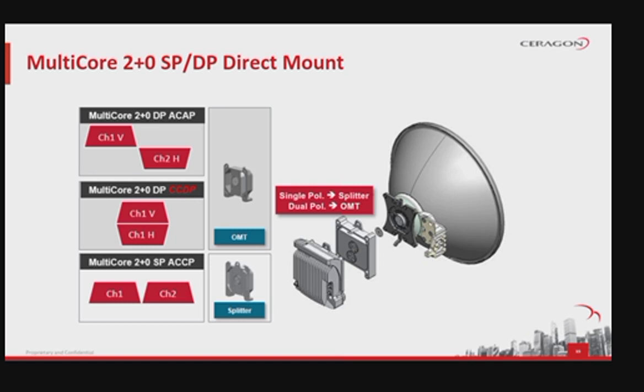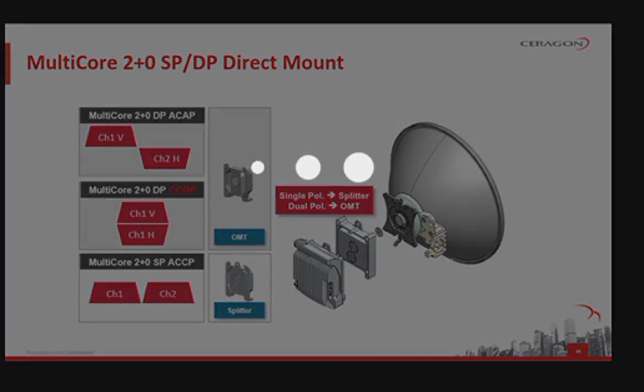And the 2+0 single polarization, called ACCP, which means adjacent channel copolarization. If the same polarization is used for both carriers, a splitter mediation device shall be used. If the two carriers run over different polarization, an OMT mediation device shall be used.